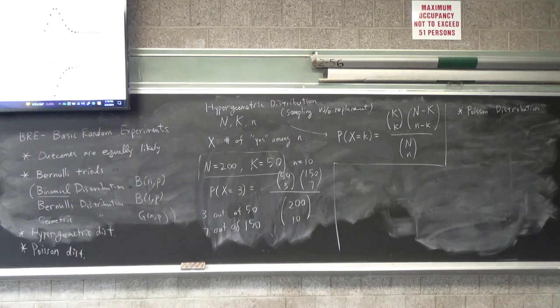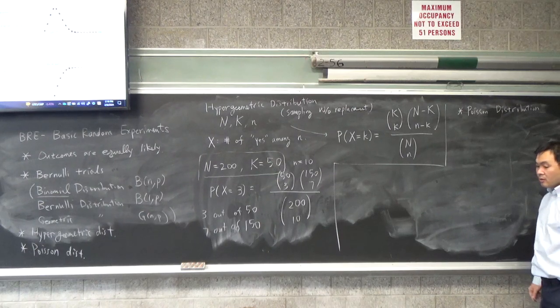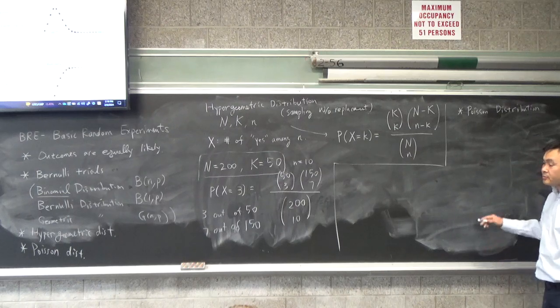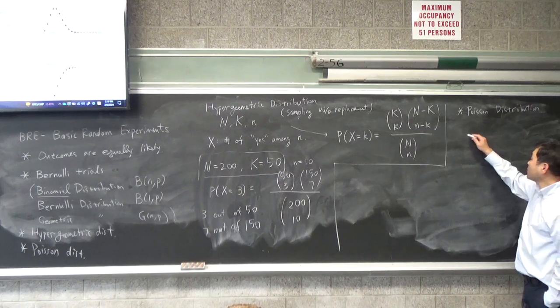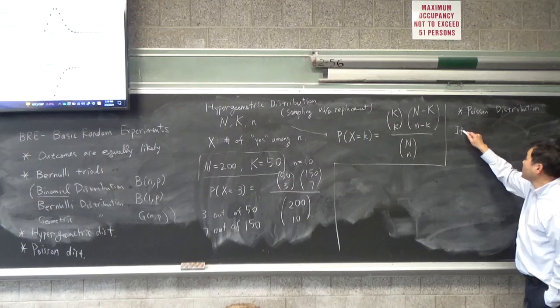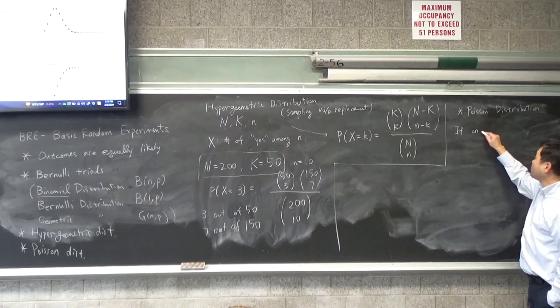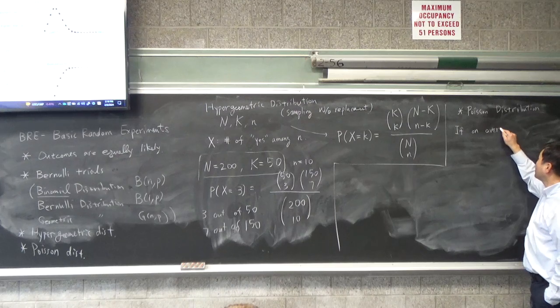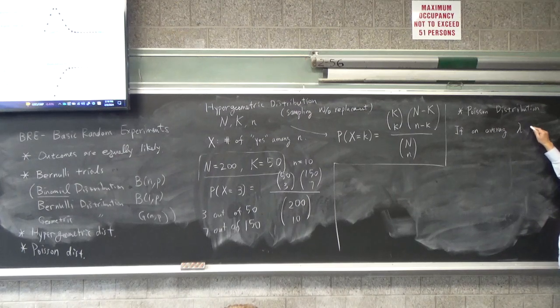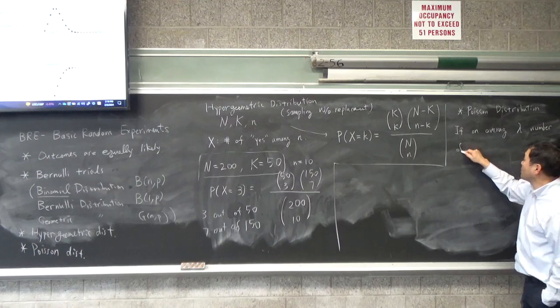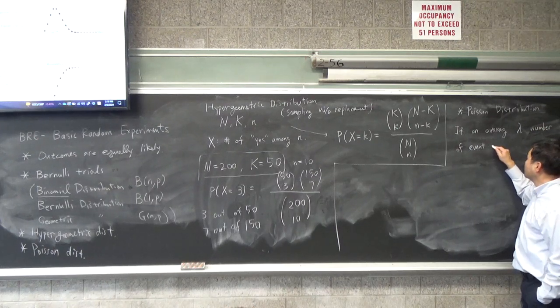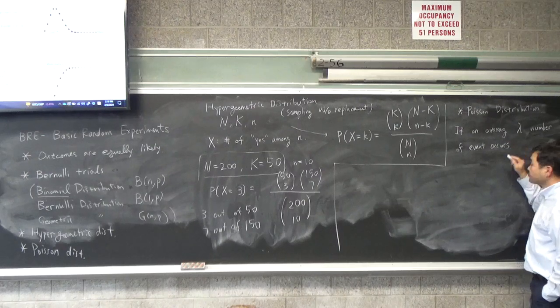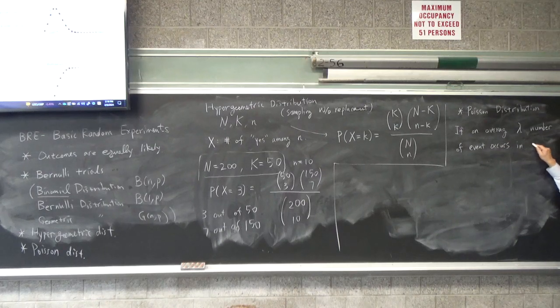You use this when you have some assumption: if, on average, lambda number of events occur in a unit of time.